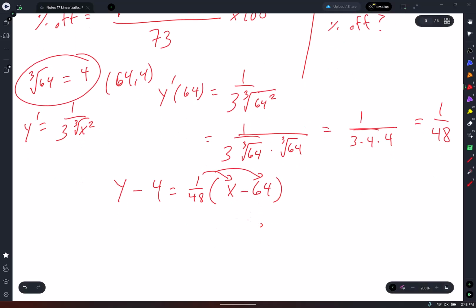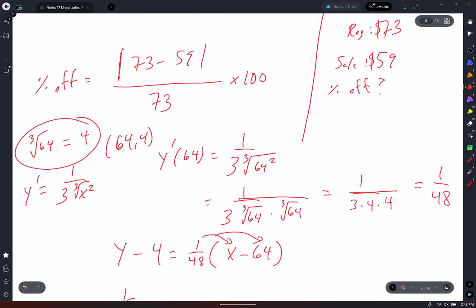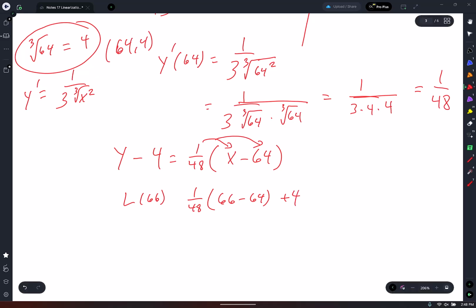And here we go. What value am I going to put in there to solve for this one? Cube root of 66. So L of 66 equals 1 over 48, parenthesis, 66 minus 64, plus 4. Let's see what that number is. I did it again, I put an equal sign. Approximate, and then put the equal sign there.